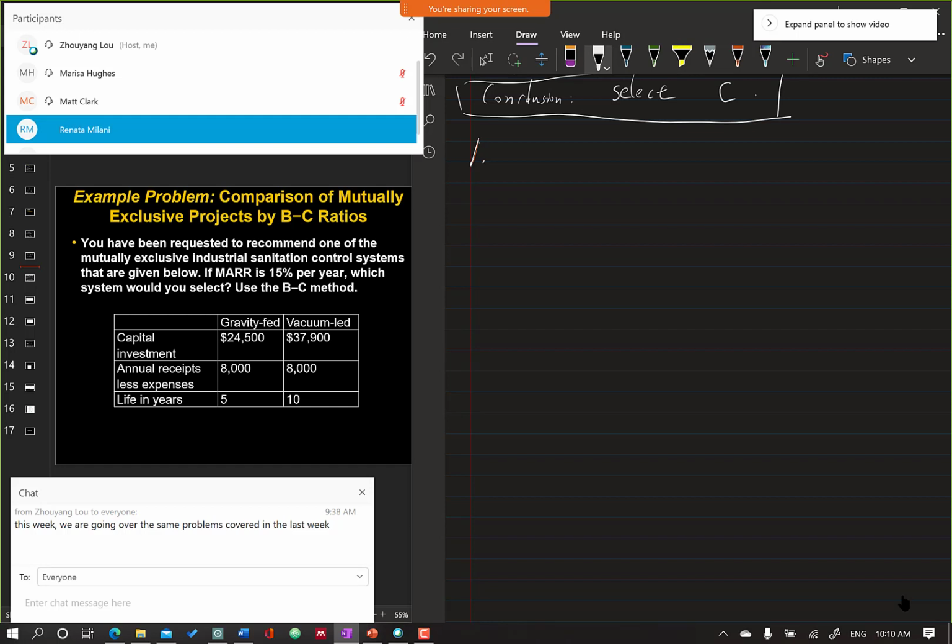It's a little bit different from the procedure we used in the previous problem, but in general that procedure should be correct, and you should be comfortable using it. But for simplicity here, because there are only 2 projects, we don't need to calculate the baseline. So since there are just 2 projects, we just choose the gravity fed as the baseline.